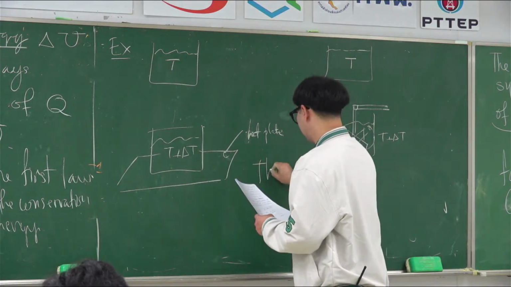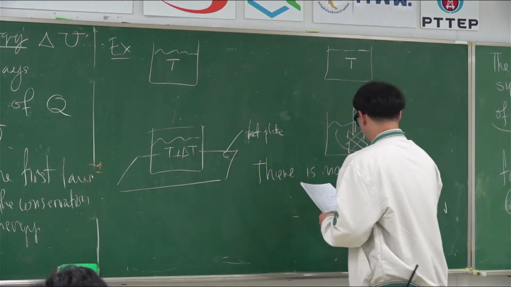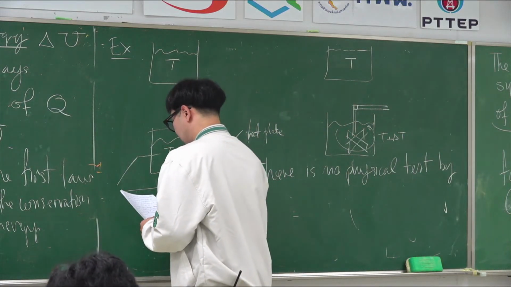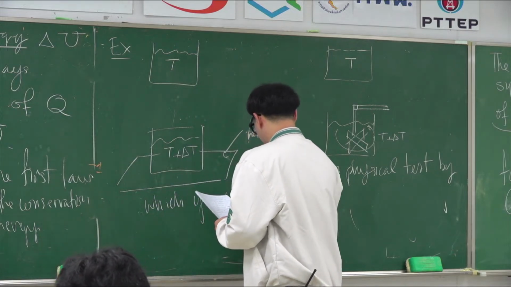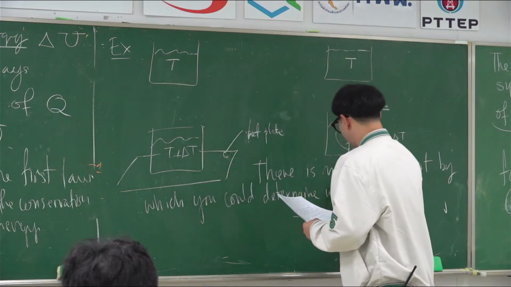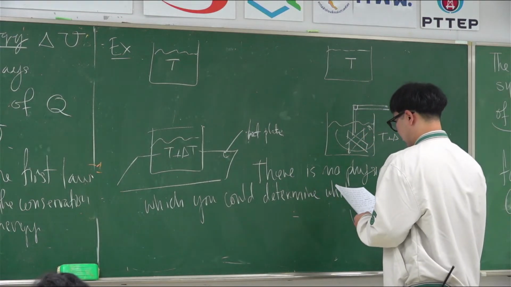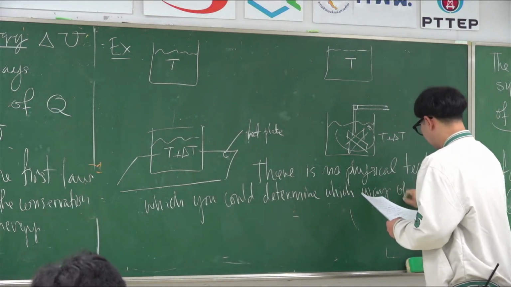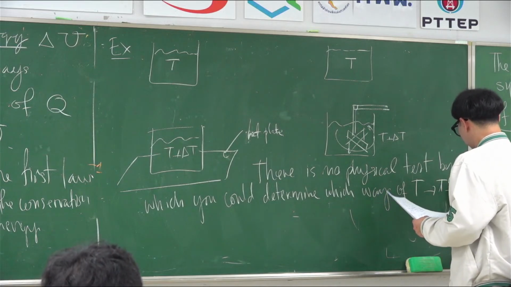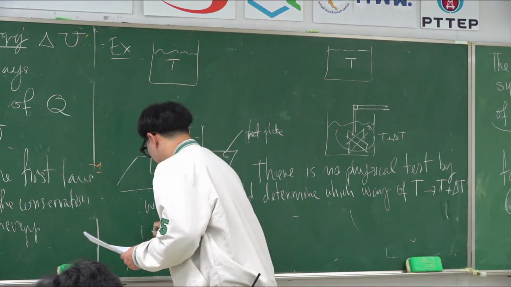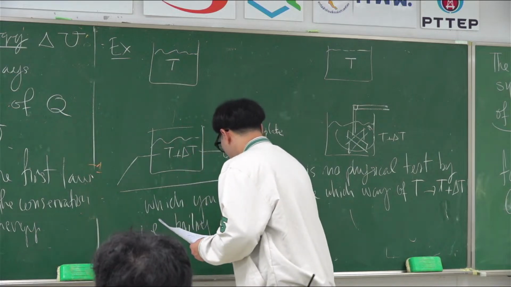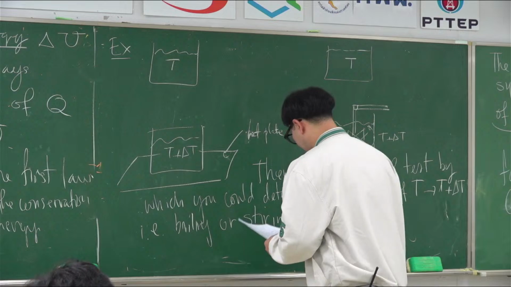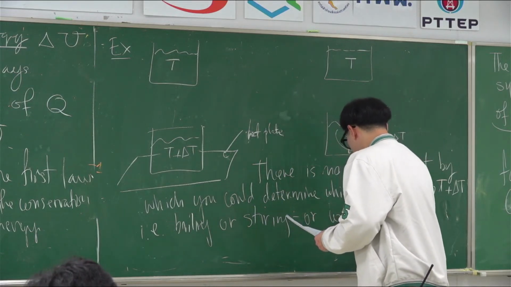So there is no statistical test by which you could determine which way of boiling or stirring, heating up, or combination of it.